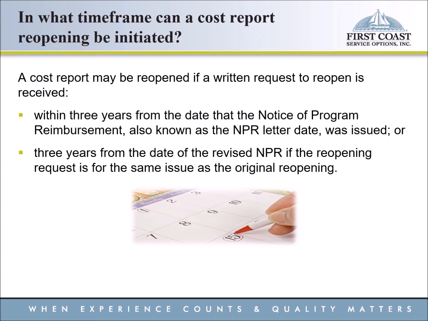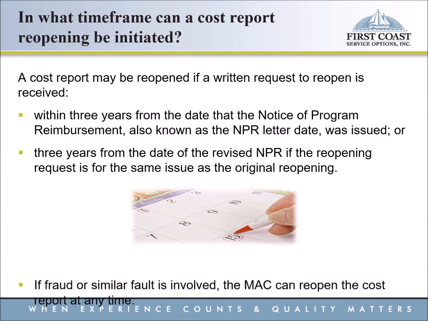For example, if a cost report was previously reopened to address Medicaid days, you have 3 years from the date of the revised NPR to reopen the cost report for that specific issue.